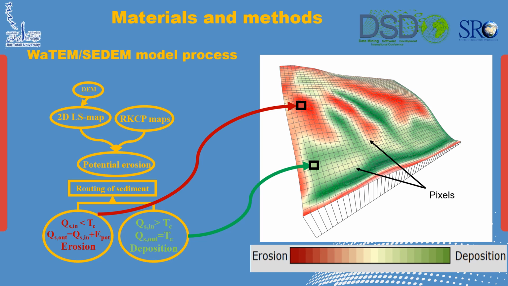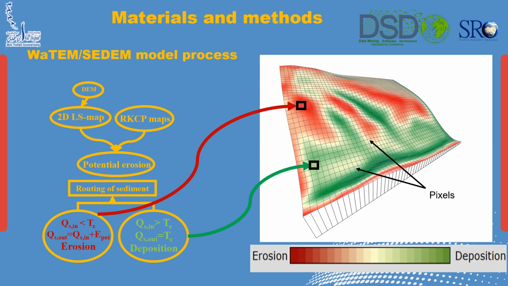This potential erosion is compared with TC, the transport capacity, for routing of sediment. Then we have two possibilities. If the amount of potential erosion is less than TC, we will have erosion. In contrast, if the amount is more than TC, we will have deposition of sediment.